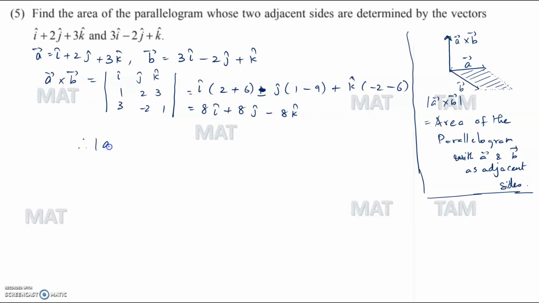Therefore, the magnitude of A vector product with B is equal to square root of 8 squared plus 8 squared plus minus 8 squared, which is equal to square root of 3 times 8 squared, which is equal to 8 into root 3.